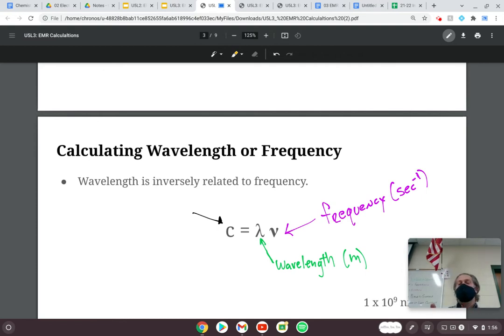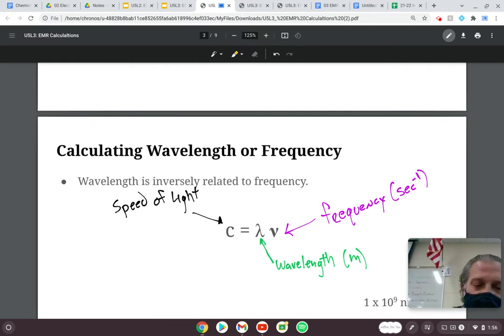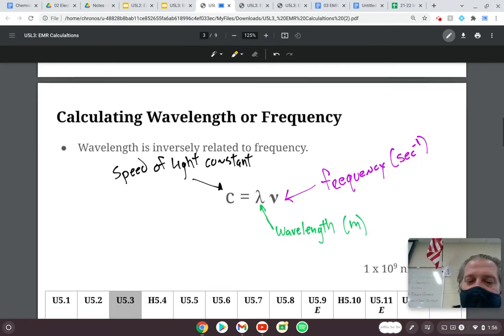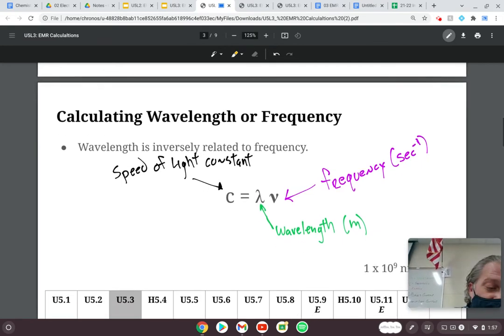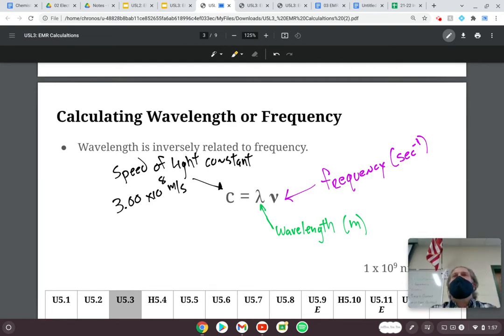And every time you use C in a chemistry formula, it's going to be the speed of light constant. The speed of light constant has a value of 3.00 times 10 to the 8 meters per second.